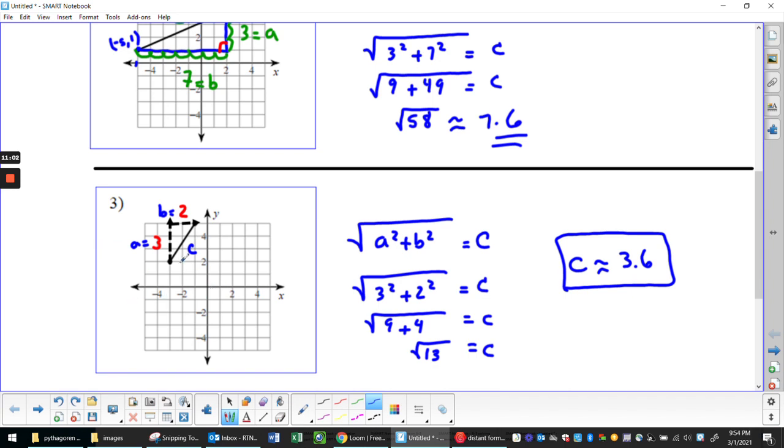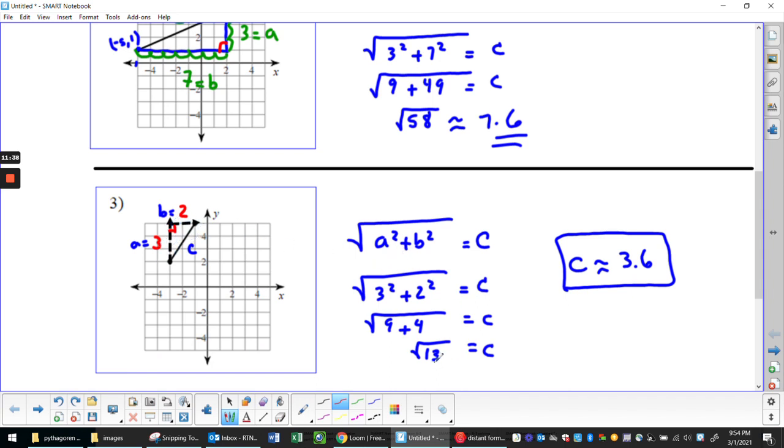Okay, so what we did was draw our vertical and horizontal lines to create a 90-degree triangle above the diagonal line here. The vertical distance is 3, so we did 1, 2, 3 hops. And the horizontal distance is 2, 1, 2 hops. So with that, we found the legs of the right triangle, which are 3 and 2.